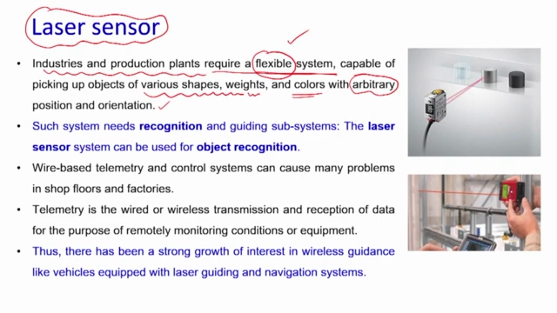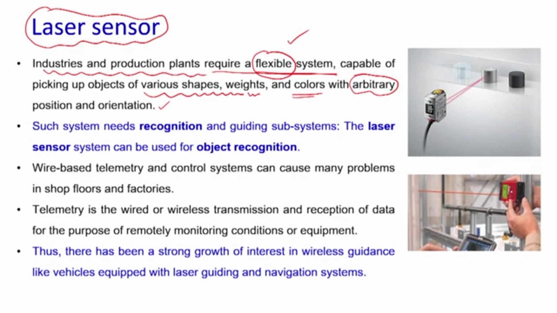Consider we have a conveyor over which the products are moving. They have various shapes, various weights, their colors are also different, and their positions are also arbitrary. Now the task is to recognize the products which are moving on the conveyor. So how to sense or recognize the parts?